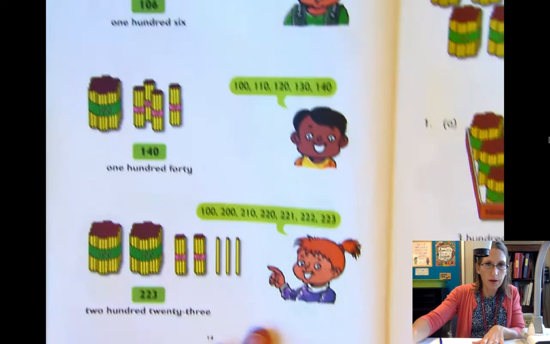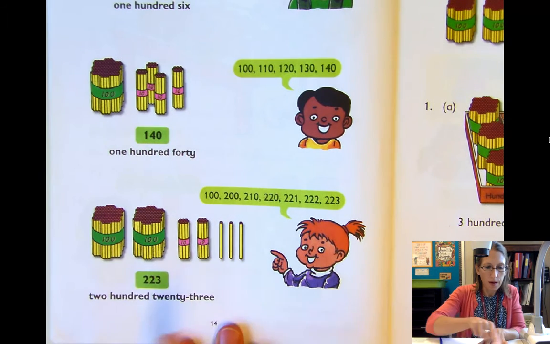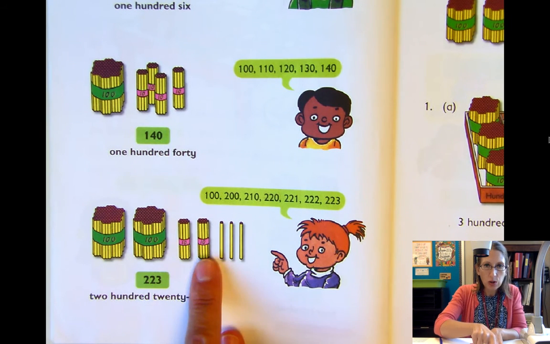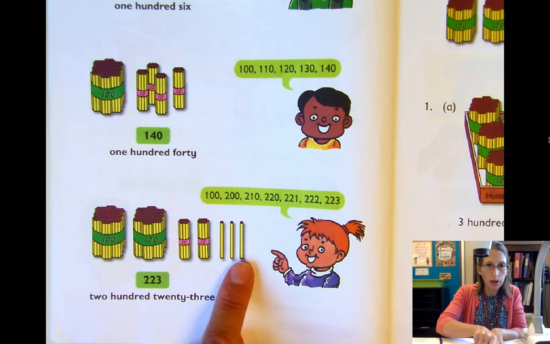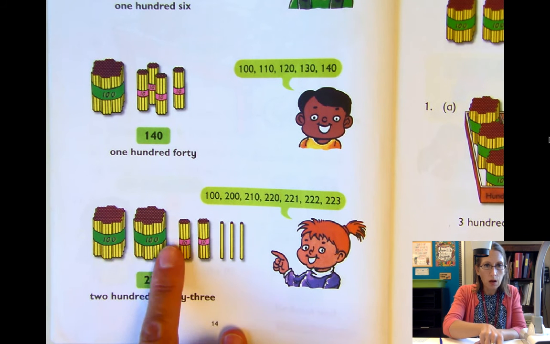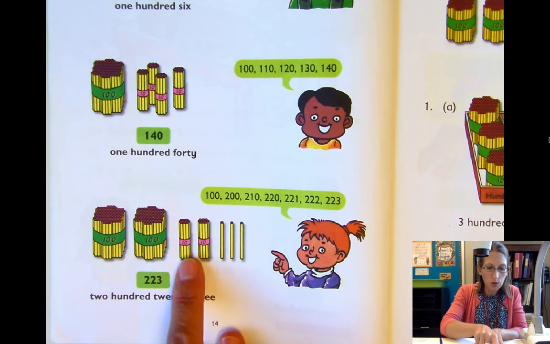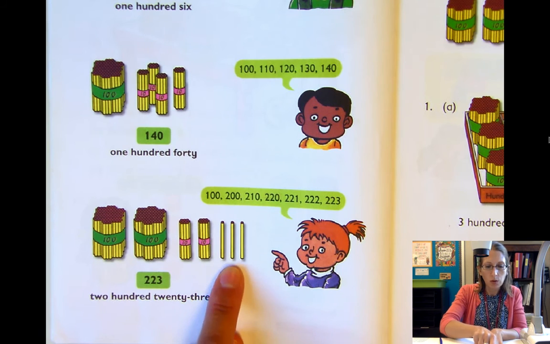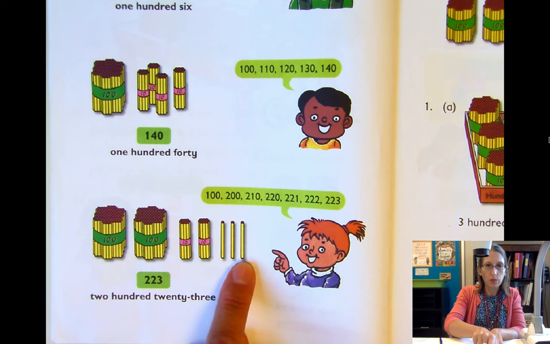All right, what do we have here? We have 2 hundreds, 2 tens, and 3 ones. So here we have 100, 200, 210, 220, 221, 222, 223.